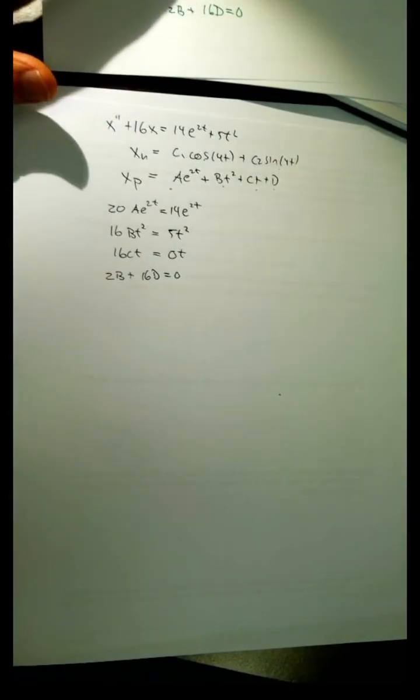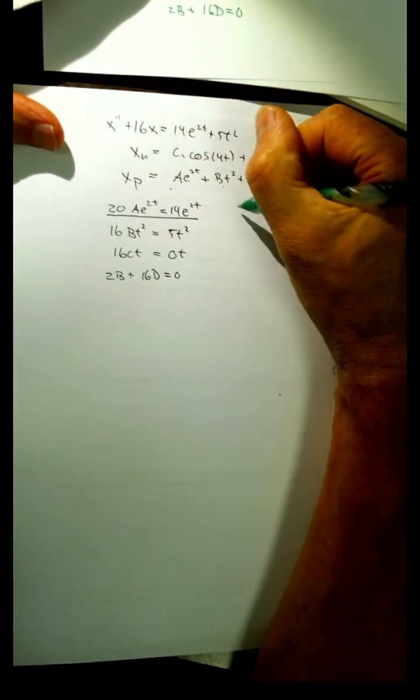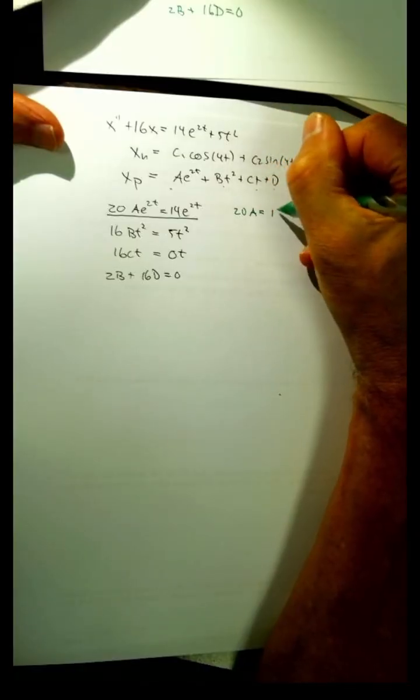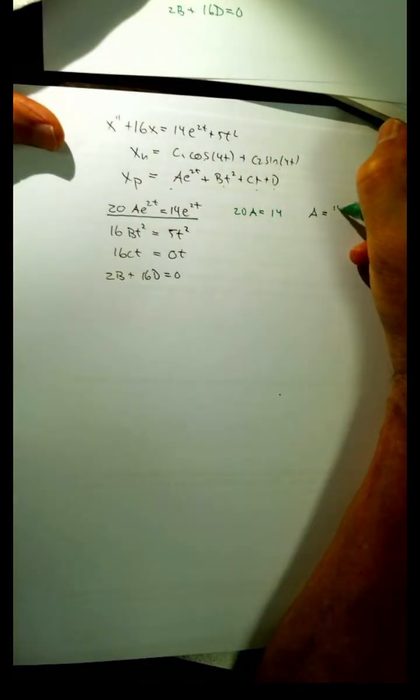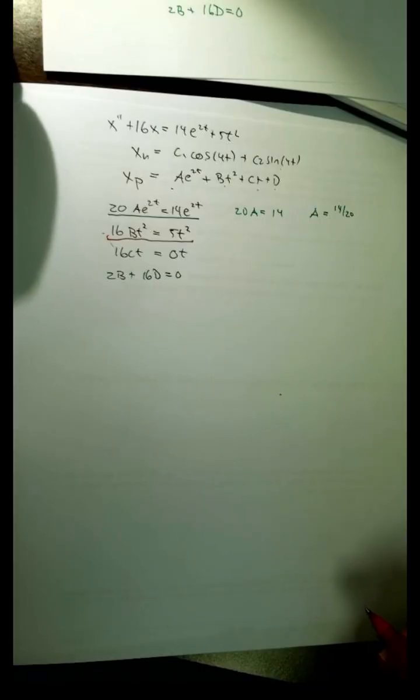So basically at this point I just stop and reset and think about, what does this mean? E to the 2t is never 0. The only way this can be true is if 20a equals 14, or a equals 14/20. This has to be true for all time, not just t equals 0 or t equals 1 or whatever, all values of time.